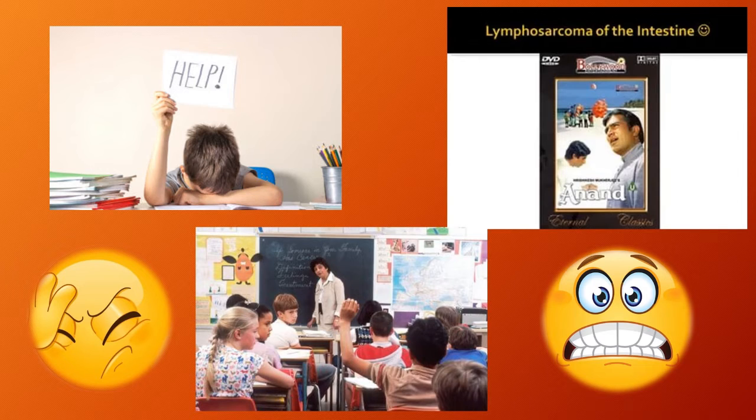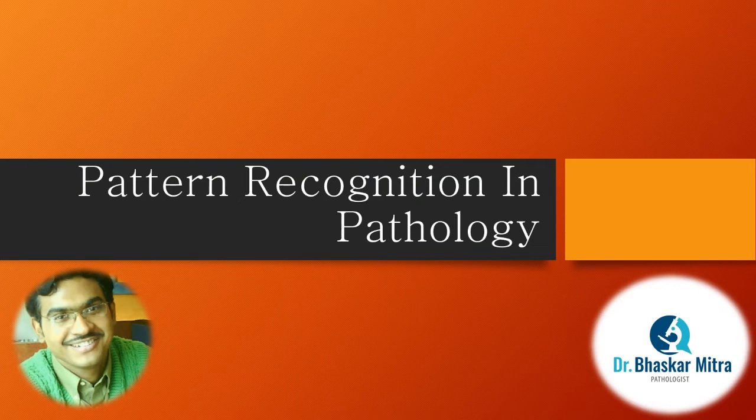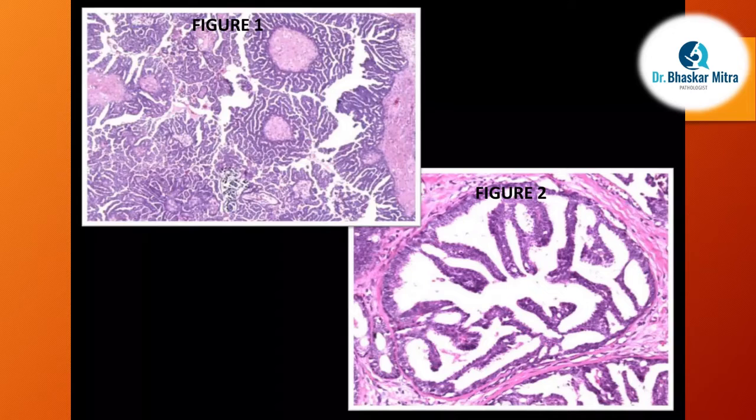So, my presentation aims to recognize the different basic histology patterns for the first year residents so that they start understanding the histopathology patterns in the slides while seeing them. This is a pattern recognition class in pathology. These are the beautiful architectures we see under the microscope.